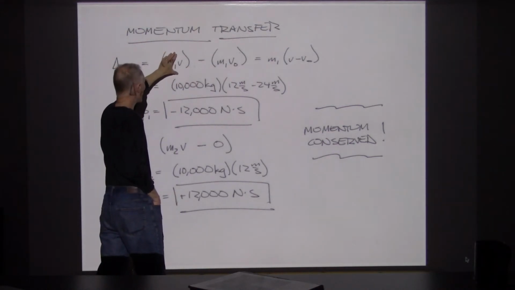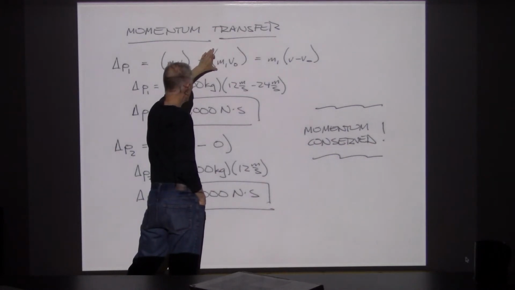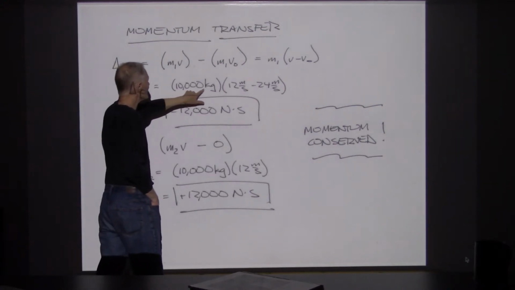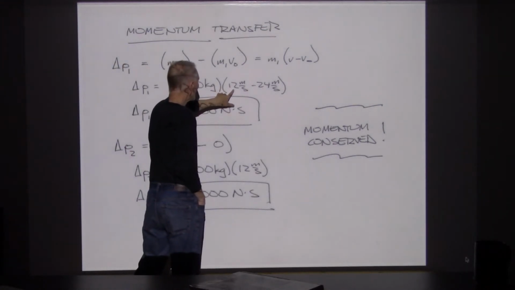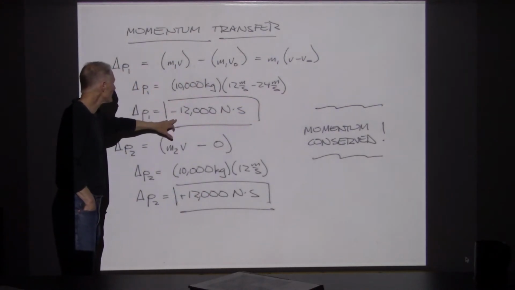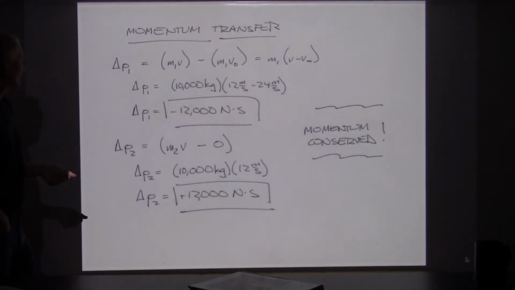So I'll take the final momentum and subtract off the initial momentum. That gives me a delta P1 of 10,000 kilograms times final velocity minus initial velocity. And it says the collision resulted in a loss of 12,000.